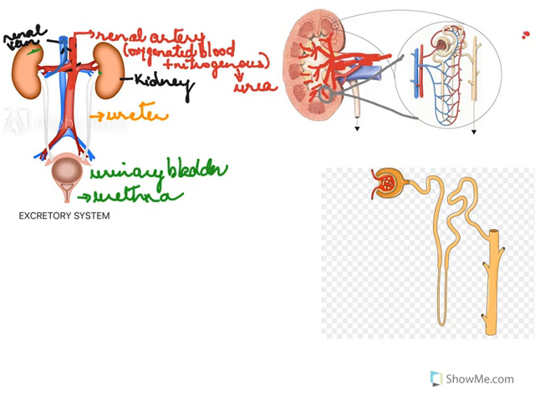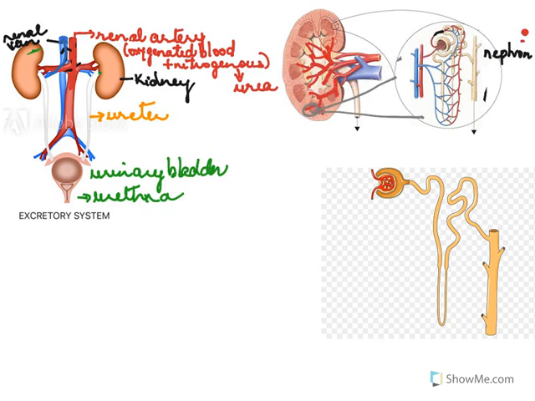Now the blood from this arteriole enters into this glomerulus, and then we'll follow it as it enters out. So each arteriole enters into a structure called the nephron. This structure is called the nephron.